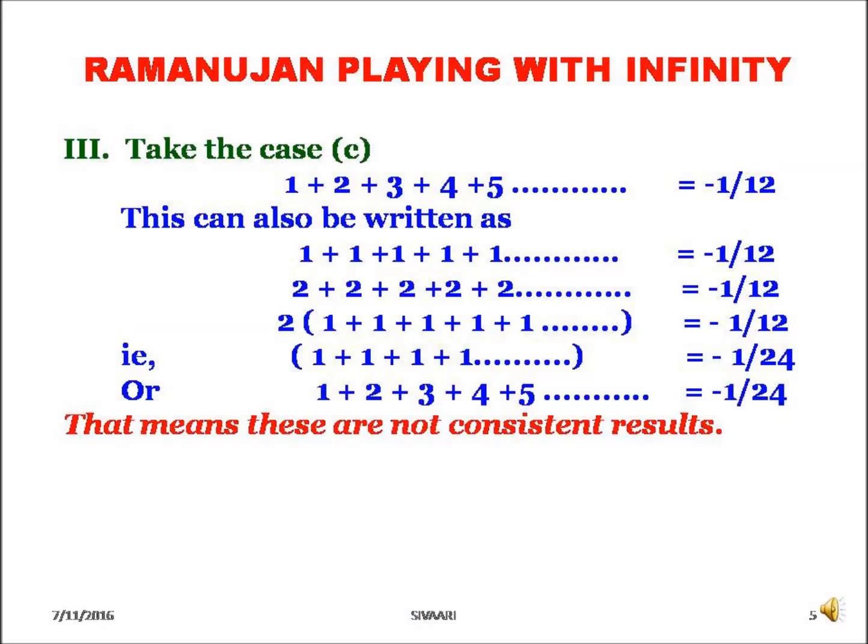Taking 2 as common factor, 2 into 1 plus 1 plus 1 etc. is equal to minus 1 by 12. Now taking 2 to the right hand side, 1 plus 1 plus 1 etc. is equal to minus 1 by 24, or 1 plus 2 plus 3 plus 4 plus 5 etc. is equal to minus 1 by 24. That means these are not consistent results.